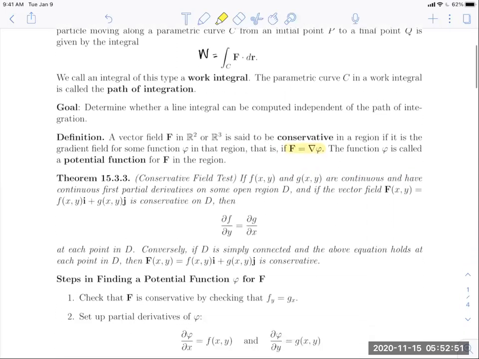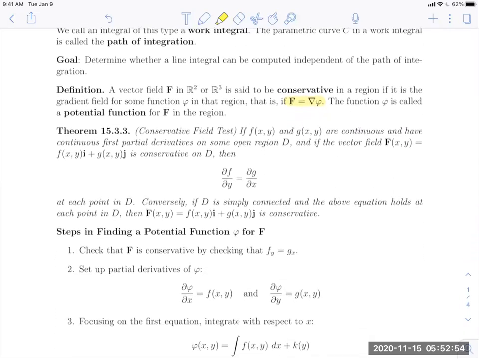All right, so how can we check if a vector field is conservative? That brings us to theorem 3. If f of x, y and g of x, y are continuous and have continuous first partial derivatives, and if the vector field composed of f in the i hat and g in the j hat is conservative on D, then we need only check that the partial of f with respect to y is equal to the partial of g with respect to x at each point in D. Conversely, if D is simply connected and the above equation holds at each point, then we say that the field is conservative.